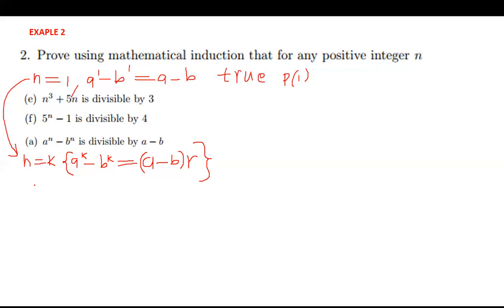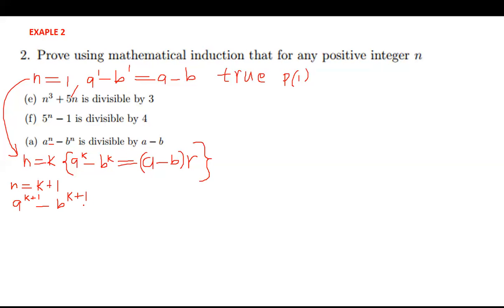So we quickly now move on to finding this same expression when n is equal to k plus 1. Where there's n in this expression, we're going to put k plus 1. So I'm going to have a to the power k plus 1 minus b to the power k plus 1.